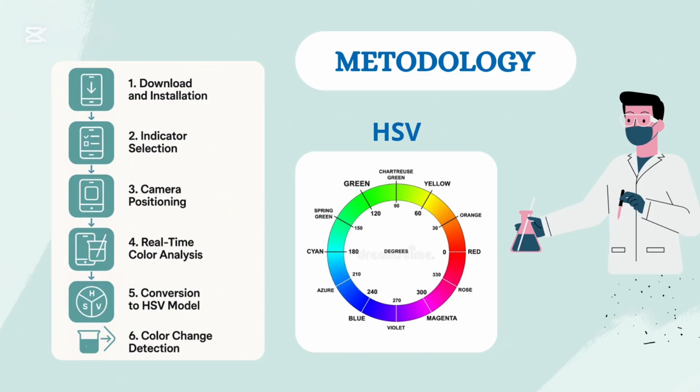This allows the app to identify with much greater precision when a specific color change occurs, such as when a solution turns pink with phenolphthalein, which usually falls between 90 degrees and 310 degrees of hue in the HSB model.